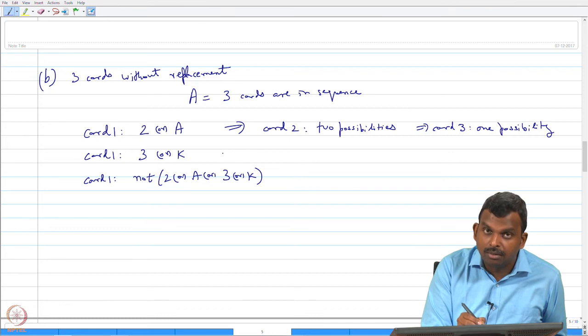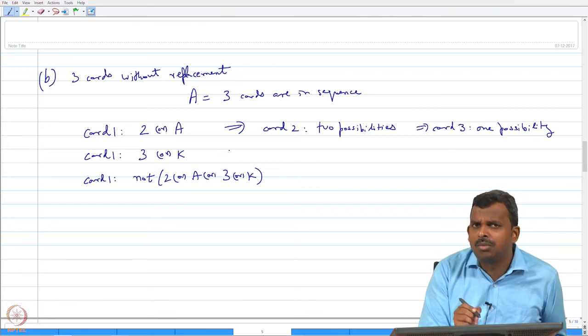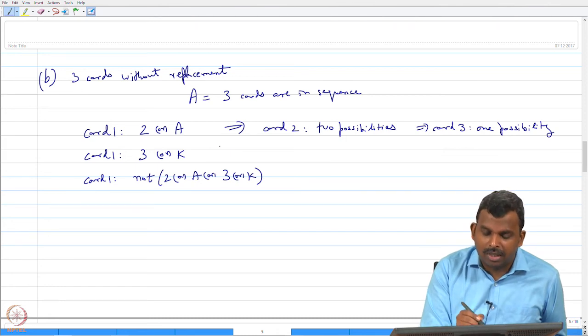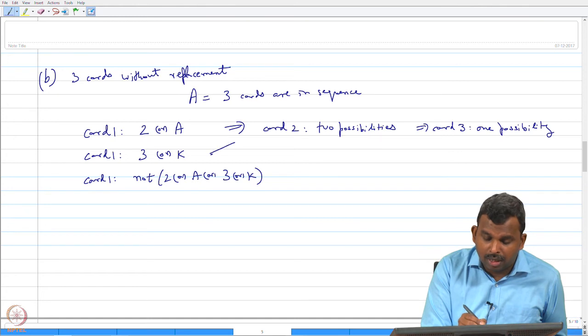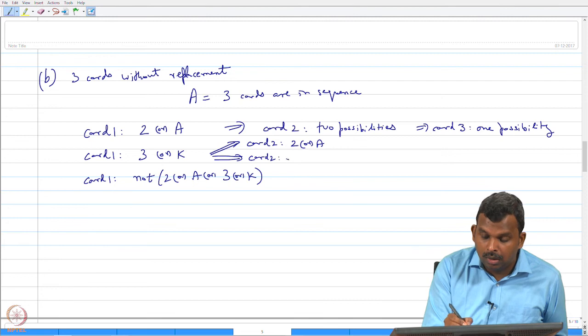If it is 3 or king, you have a few more things that can happen. One needs to think about it very, very carefully. In fact, you will have to consider 2 cases here. Card 2 is 2 or ace, or card 2 is not 2 or ace.